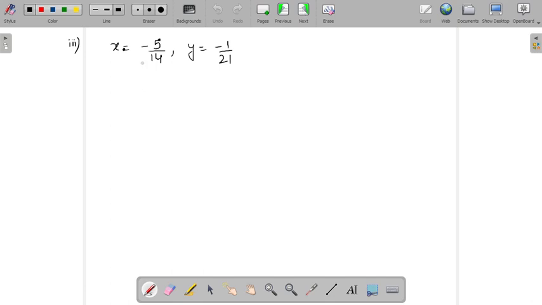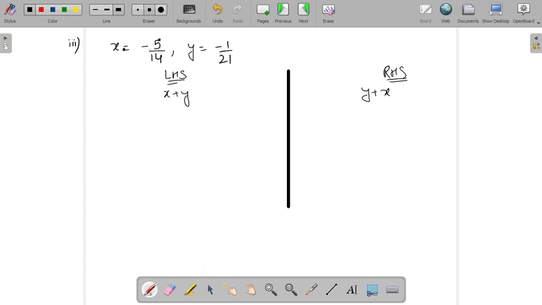Now similarly in this part, again you will take LHS and RHS separately. So let's take the LHS first. LHS here is x plus y, and RHS is y plus x according to the question. Now substitute the value.